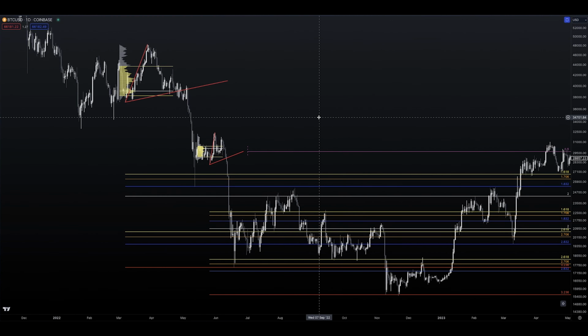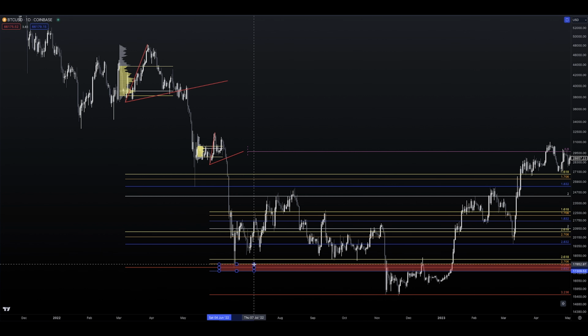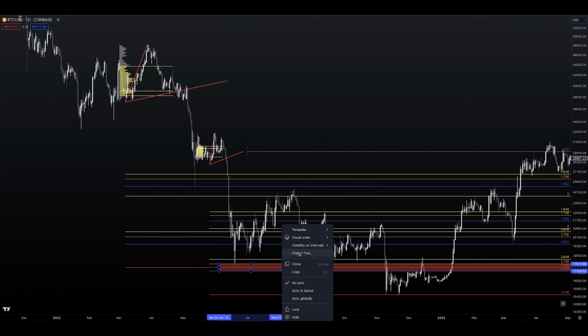So as you can see here, the first set of targets did not really have confluence with the second set of targets from the larger pull, so it didn't really necessarily help us that much. But what was really nice here was that the 2832 and the 2706 of that reaccumulation range pull was perfectly dead on with the 3236 of the higher time frame pull.